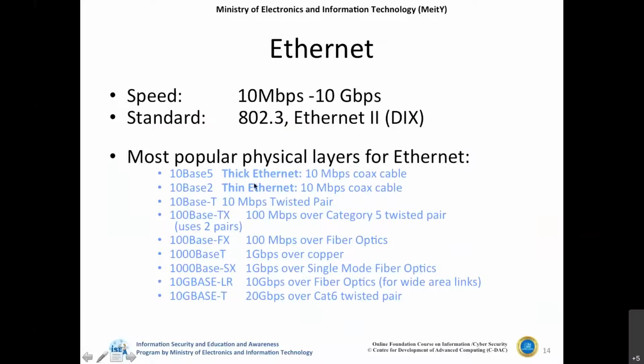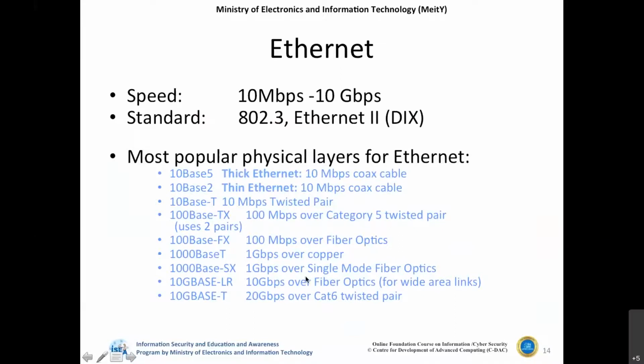10Base5 is thick Ethernet, which we used in the early 2000s, coaxial cable at 10 Mbps. Thin Ethernet is 10 Mbps coaxial cable, and 10BaseT is twisted pair. 100BaseTX is 100 Mbps over category 5 twisted pair. Most people are using 1000BaseT or 100BaseTX.